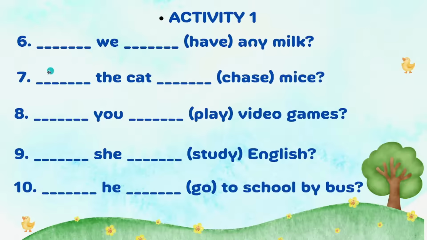Now, for number 7. This is a cat. For the word cat, it's an animal. So, what is the correct answer for this? Cat is only one. So, remember for the he, she, it, since it represents the cat because it's an animal, what is the correct answer here?